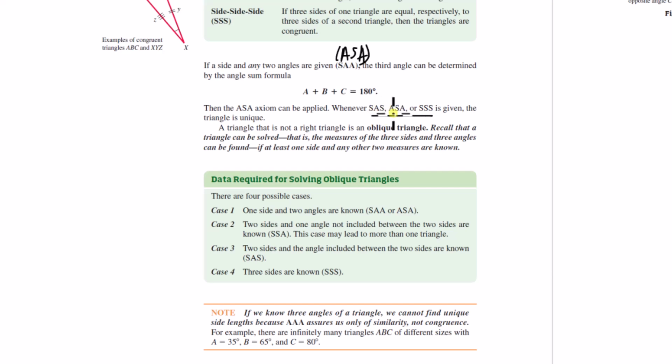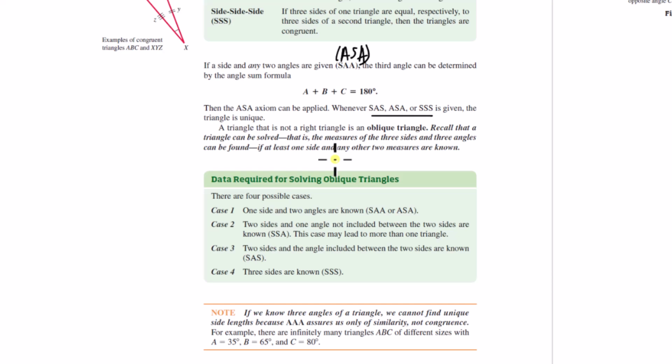You can state that if you know at least one side length and then any two of the other measures, two angles, two sides, an angle and a side, whatever, then you can solve the triangle. That's a condensed way of saying the minimum amount of information you need to fully constrain a triangle to where you can think about actually solving it.